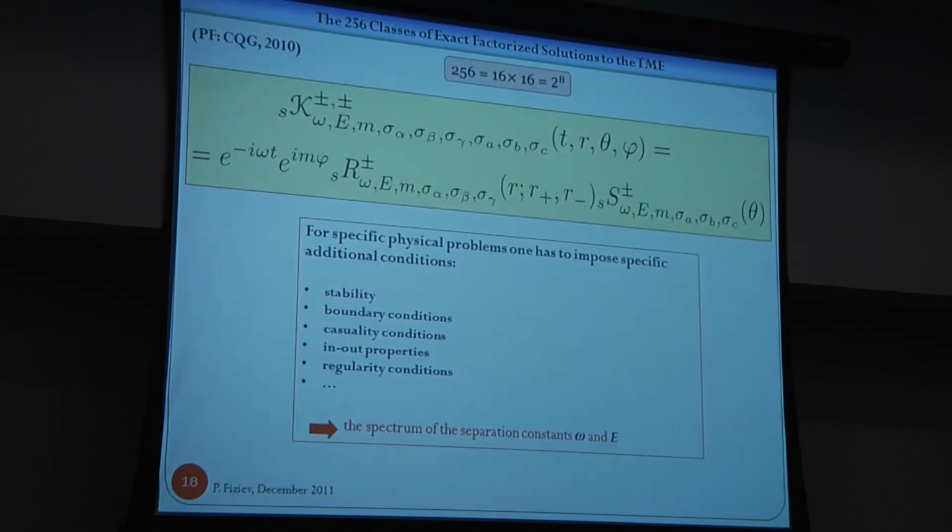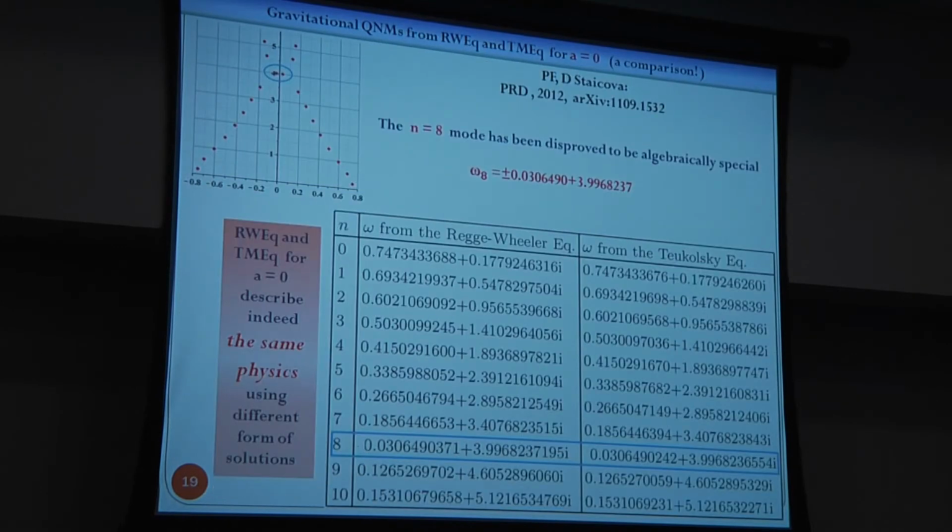For example, this is a completely new thing for electromagnetic and gravitational waves in Schwarzschild. There was an old problem about the 9th mode in quasi-normal modes.